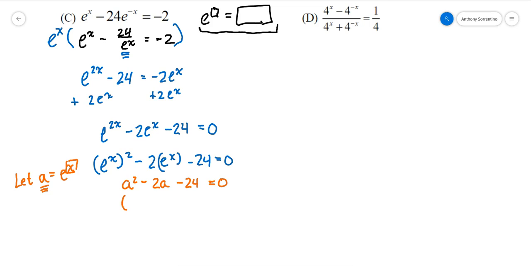And whether you use factoring, which I'm going to use, or the quadratic formula or what have you, the solution for this isn't too bad, because this would factor into a minus 6 and a plus 4, which means that a minus 6 equals 0 or a plus 4 equals 0, getting back to that zero product principle. And so a would be 6 or a would equal negative 4.